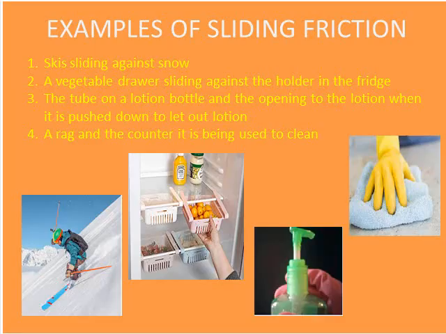Children, we have seen that sliding friction is the movement of one of the objects over the surface of the other. Let us see some examples of sliding friction. The first example given here is skis sliding against the snow.